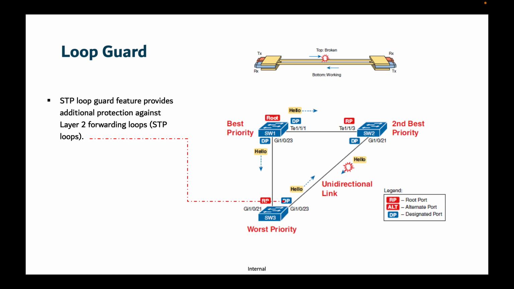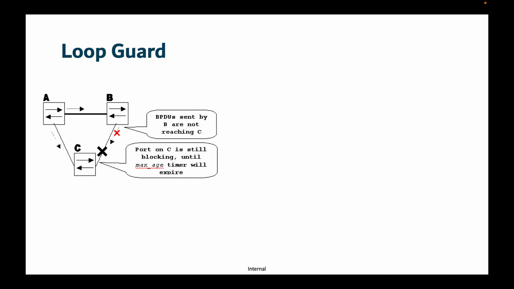So let me take an example. Here, switch A is the root switch and switch C is the least prioritized switch, and has one of its ports between switch B and C in the alternate port role, or blocking state, as we saw in the previous slide. For normal operation, STP relies on continuous reception or transmission of BPDUs based on its port role.